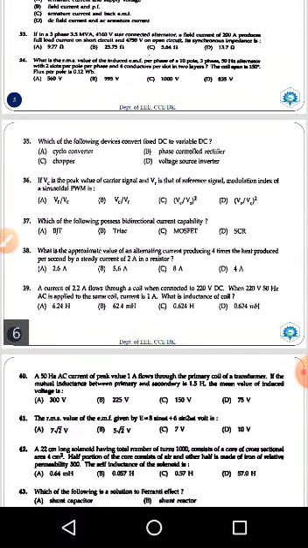Moving to question number 34. What is the RMS value of induced EMF per phase of a 10 pole 3 phase 50 Hertz alternator with 2 slots per pole per phase and 4 conductors per slot in 2 layers? Coil span is given and flux per pole is given.